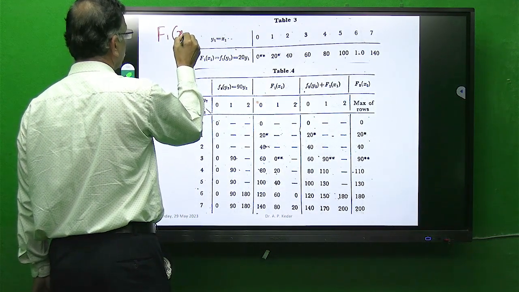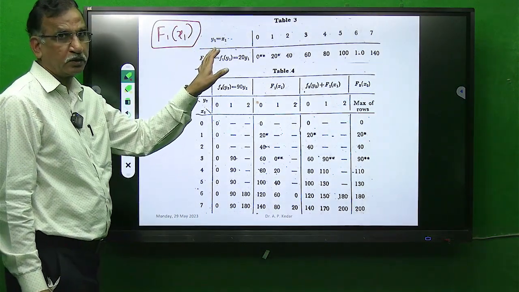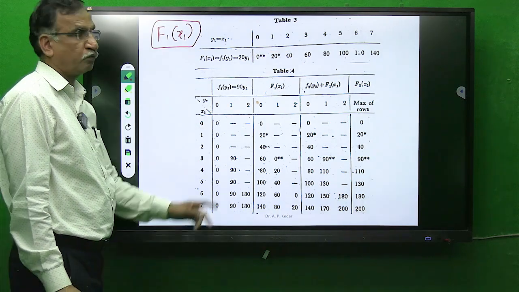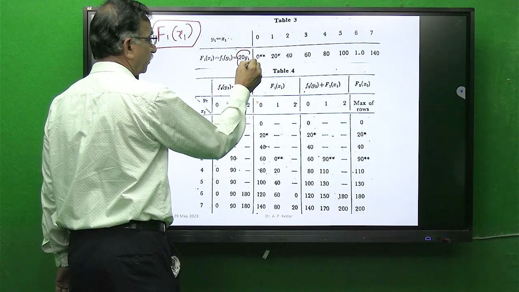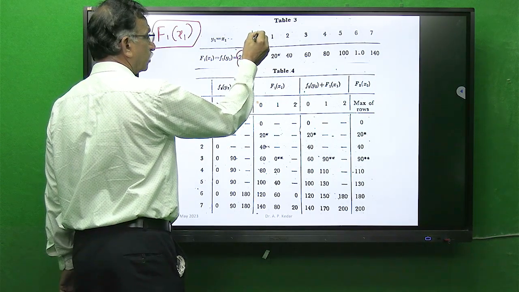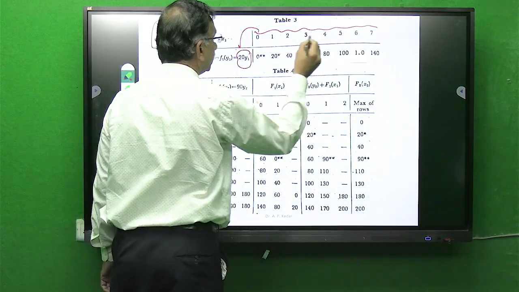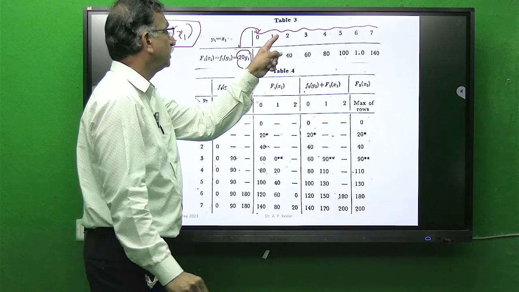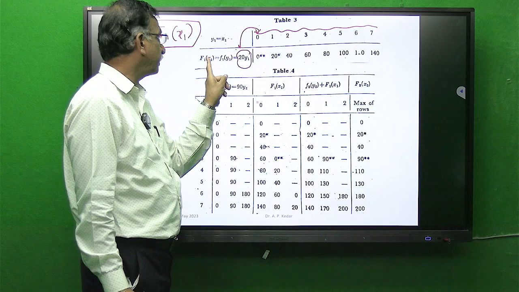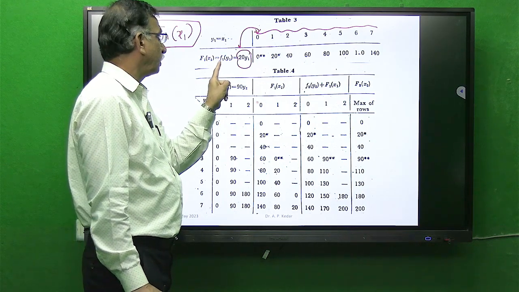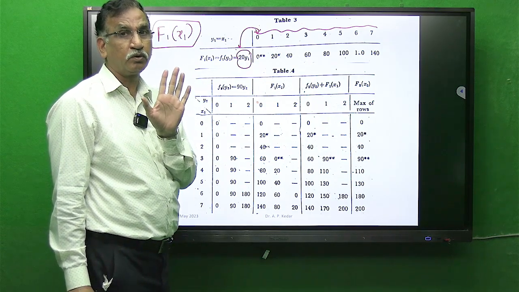When we are considering only one stage, that is f1 of x1, we know the values of y range from 0 to 7. Step by step we will put all the values of y1, 0, 1, 2, 3 up to 7, in this equation of f1 of x1, which is equal to f1 of y1, being only the first stage, assuming that we are looking for only a single stage.